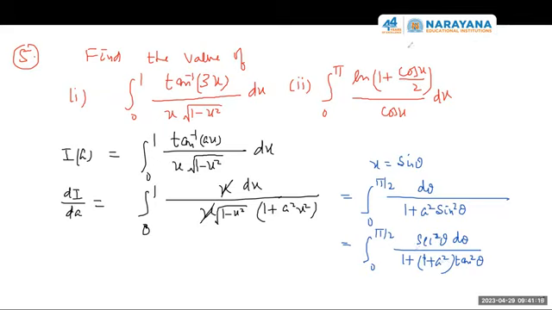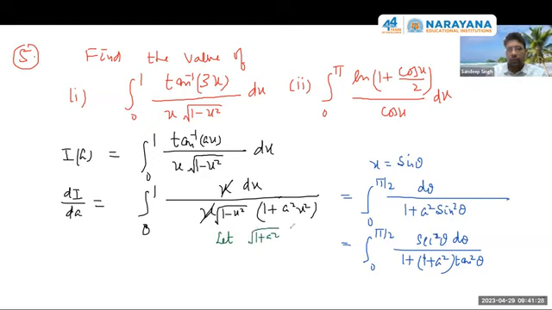Yes, sir. So what is the substitution I want to make over here? Let root of 1 plus a squared times tan theta equal to t. So dI by da will be equal to, with limits from 0 to infinity, sec squared theta d theta becoming dt divided by root of 1 plus a squared.